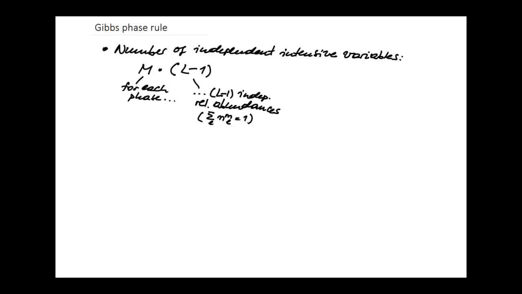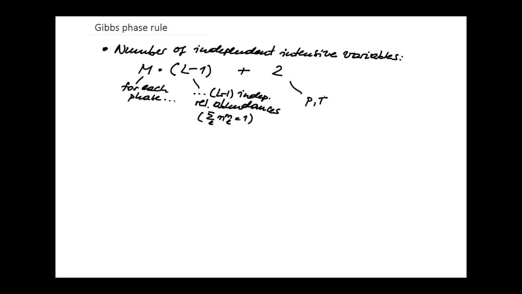And then in addition, we have temperature and pressure that are controlled from the outside. And these give us two additional intensive variables that are independent of these relative abundances. So we have 2 more. And these 2 more relate to pressure and temperature. So this is the total number of independent intensive variables in the system.